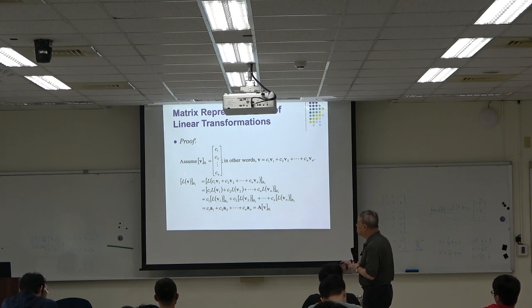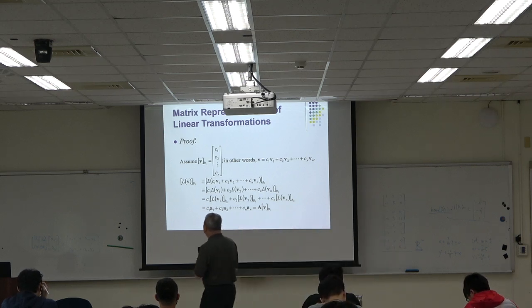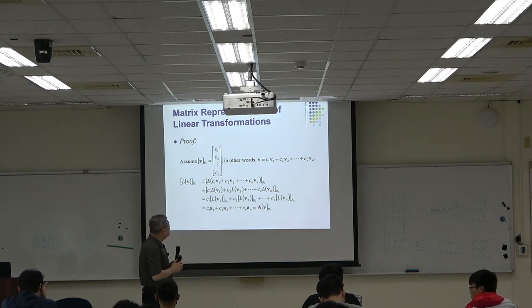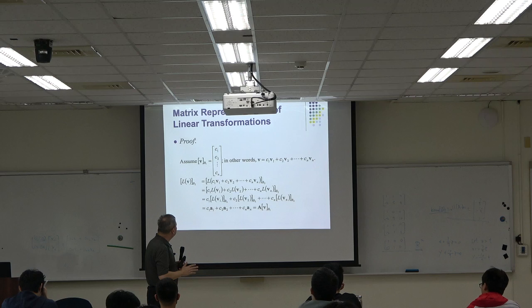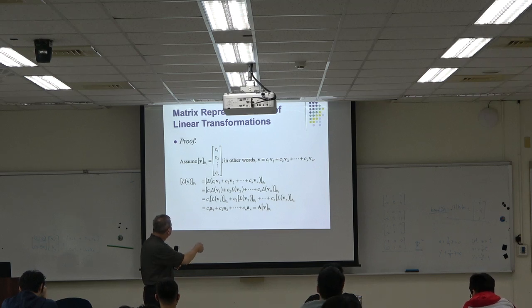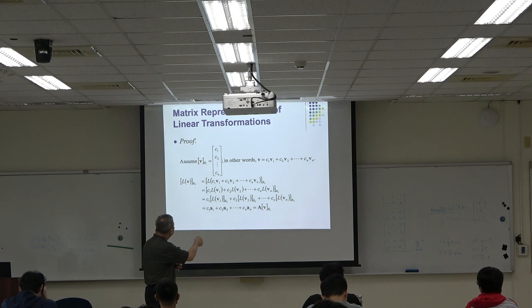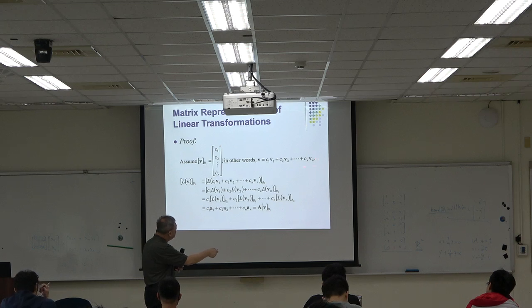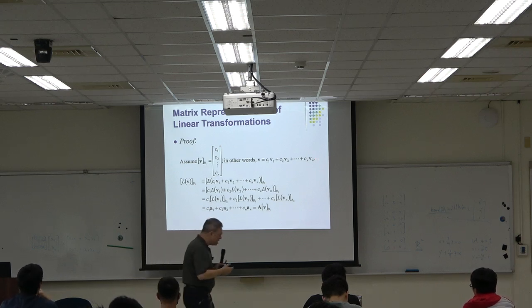Assume a vector v in V is written using the basis of B1, so its coordinates are c1, c2, blah blah blah, cn. In other words, v equal to c1 v1 plus c2 v2, blah blah blah, plus cn vn. Assume we have that.